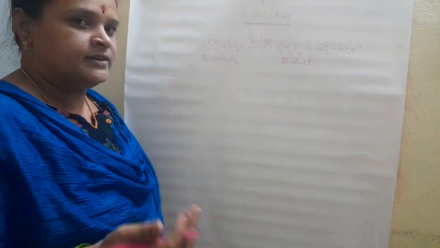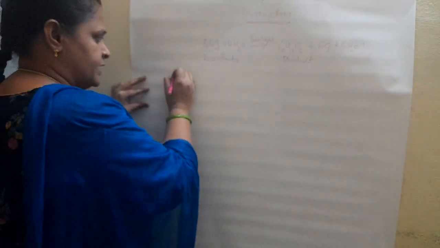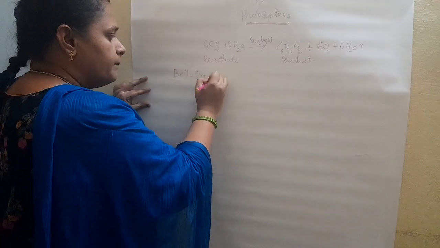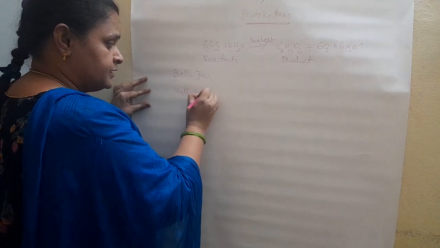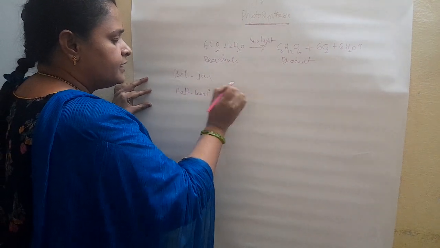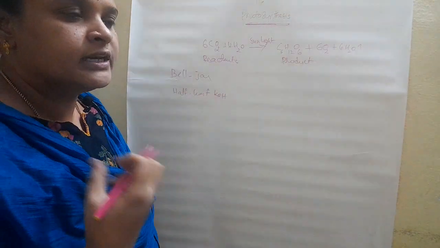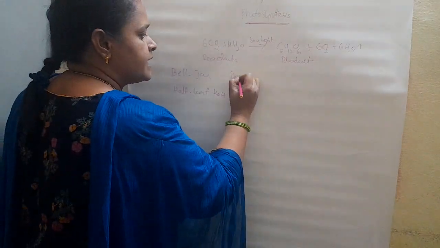Like you people know, you already studied it in your previous classes. Okay, the Belger experiment and the half-leaf KOH experiment, like that, right? So some scientists' names will come, like Priestley.